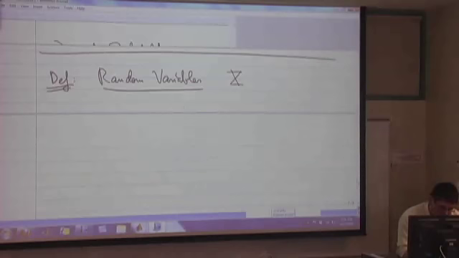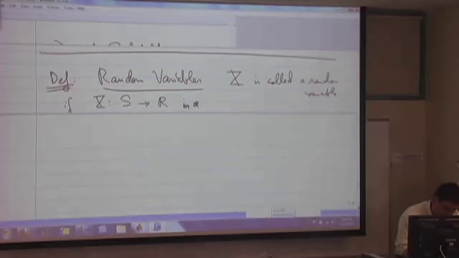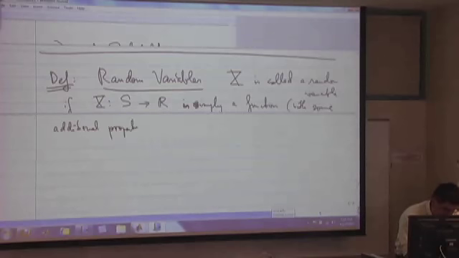So when I say that x is a random variable, all we mean is that x is simply a function with some additional properties, which I'm not listing here.